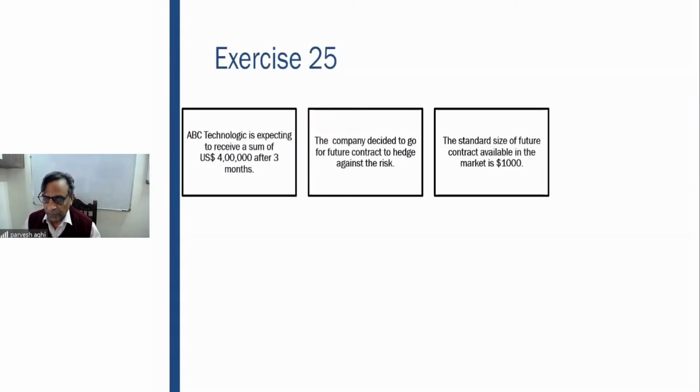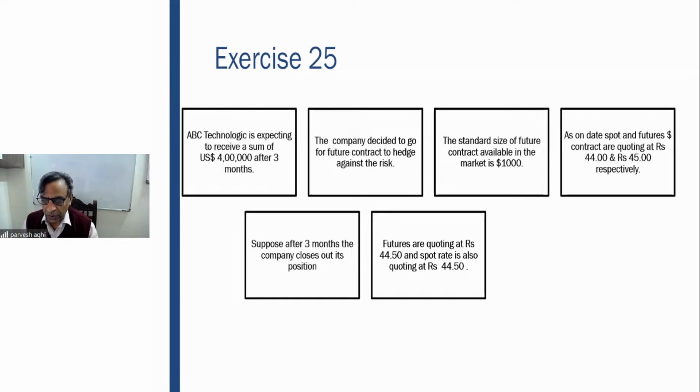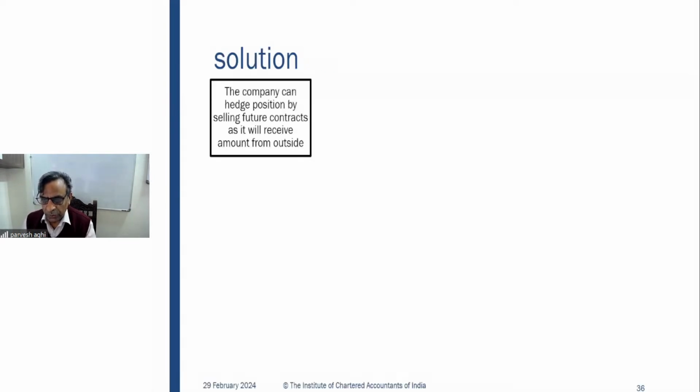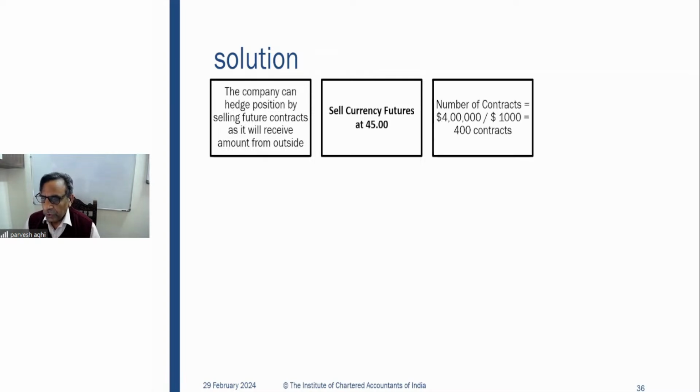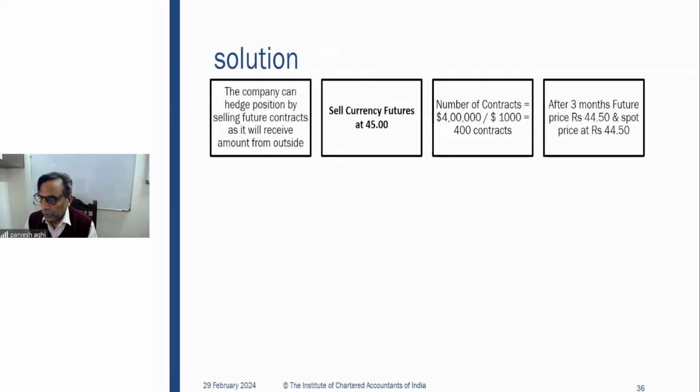You are an exporter, isn't it? Since you are an exporter, you have a long position in dollars, so you're going to sell currency futures. A company can hedge its position by selling futures contracts as it receives the amount from outside. So the number of contracts would be how much? 4 lakh divided by 1,000, which is the lot size. So 400 contracts.